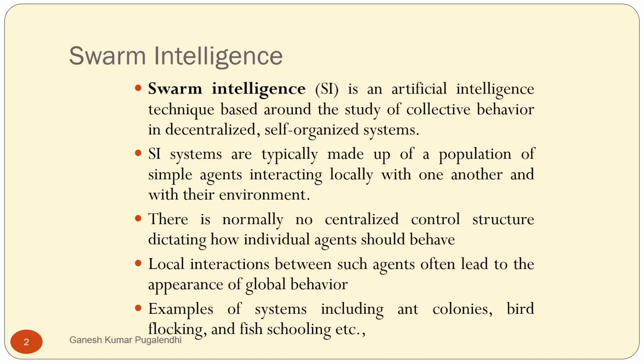Examples of such systems are ant colonies, bird flocking, fish schooling, and you can keep on naming organisms, creatures or insects, any living things that live in a group. So when there is a group of individuals living together towards a goal, we can find this behavior.